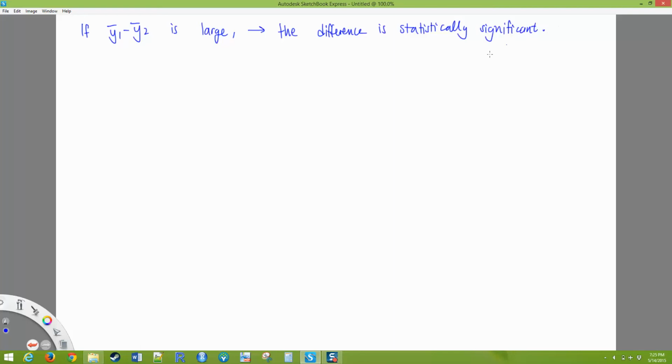The idea being that y bar 1 minus y bar 2 is so large that it is highly unlikely that it resulted from the process of random selection alone.